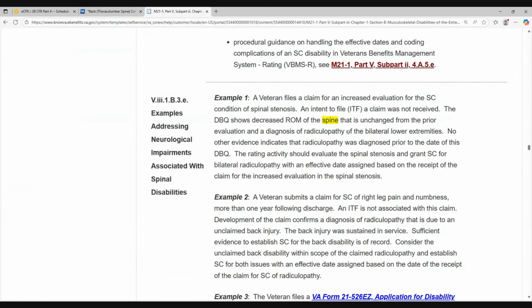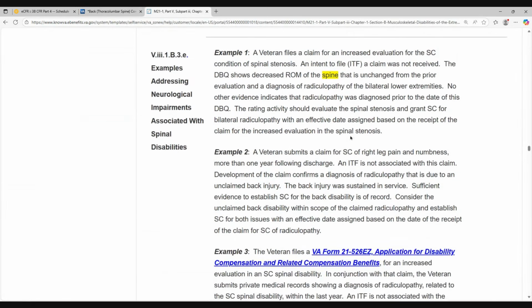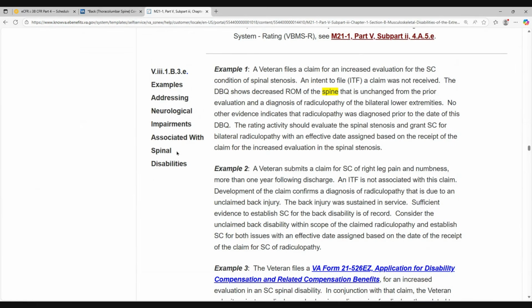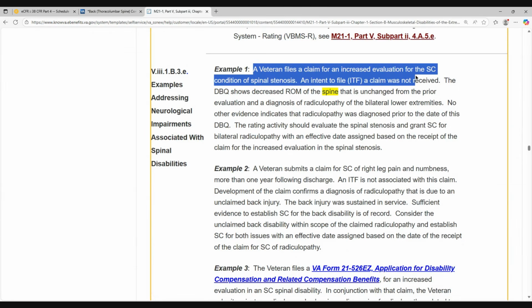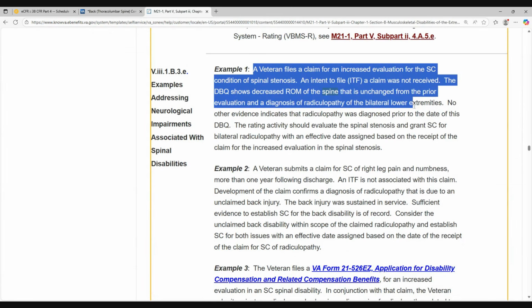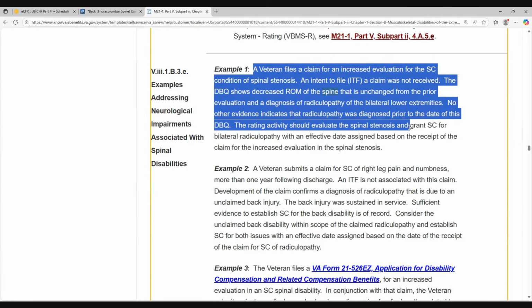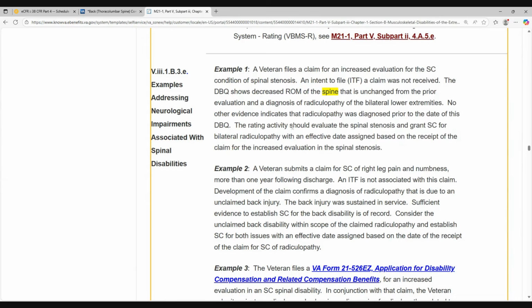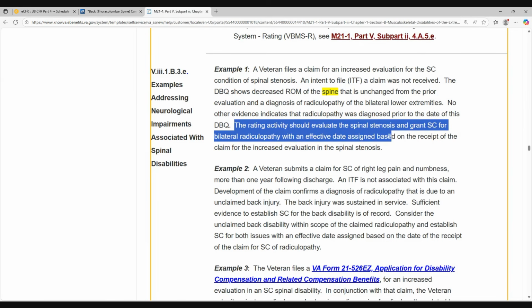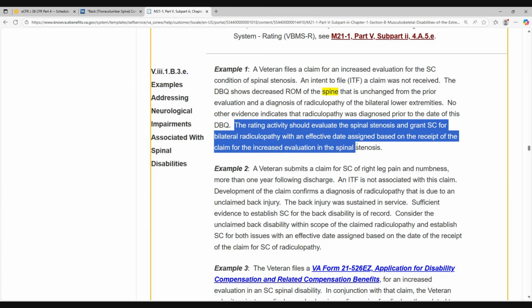Let me see here. I provided these examples of addressing neurological impairment. I guess the main thing I wanted to say is that the rating activity should evaluate spinal stenosis and grant service-connected bilateral radiculopathy with the effective date assigned based upon the receipt of the claim for increase.